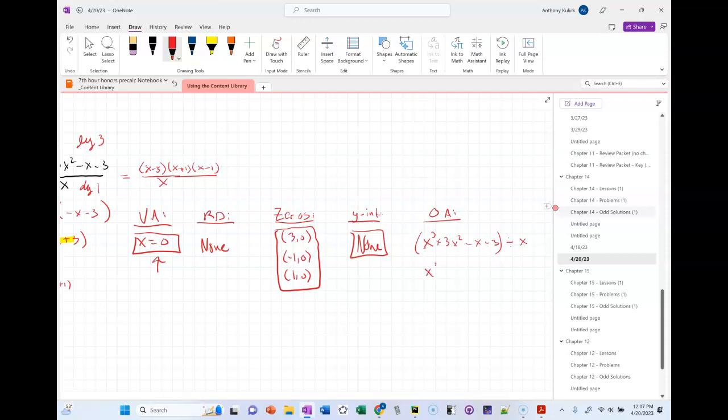Since the denominator is a monomial, I can just rewrite this fraction as 4 things with common denominators, right? The first 3 terms can all reduce. There's our quotient. So our asymptote's going to be quadratic. It's going to be y equals x squared plus 3x minus 1.